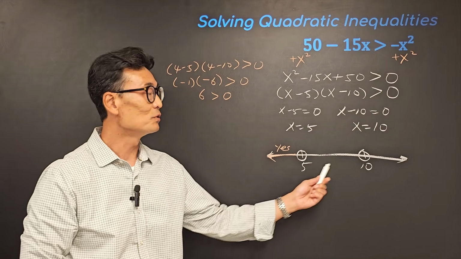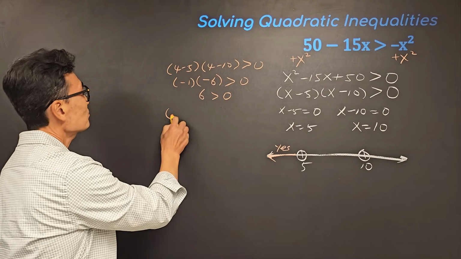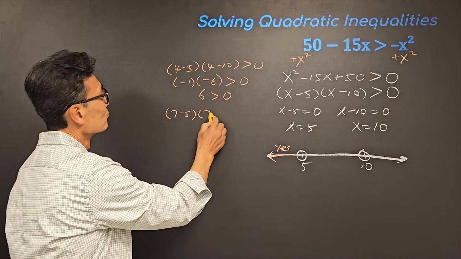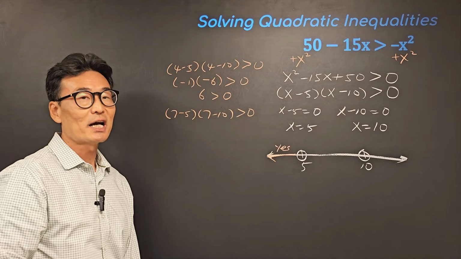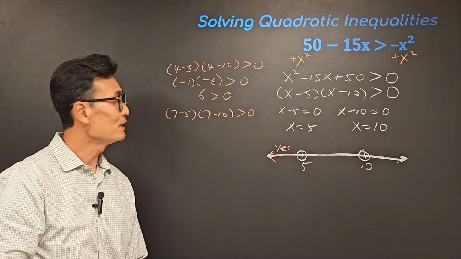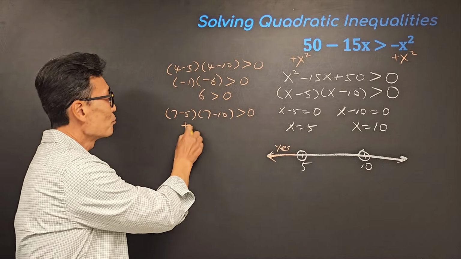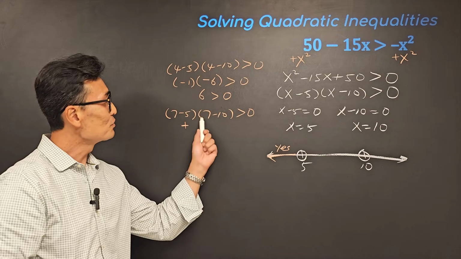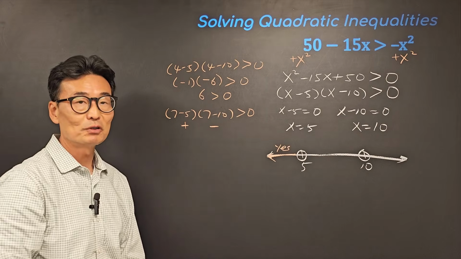Next, I like to pick a number between 5 and 10, and let's pick 7. This time, I'm not going to actually calculate the numbers. I just want to see if it's going to be greater than 0, meaning if I do 7 minus 5, I'll get a positive number. If I do 7 minus 10, I'll get a negative number.